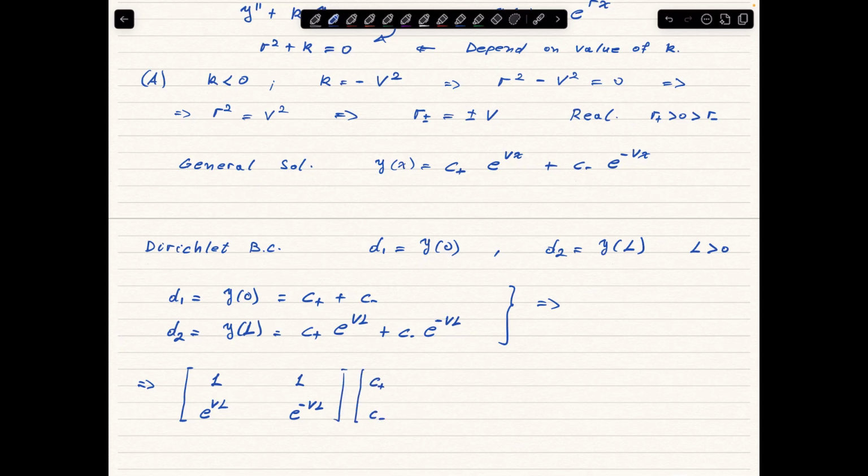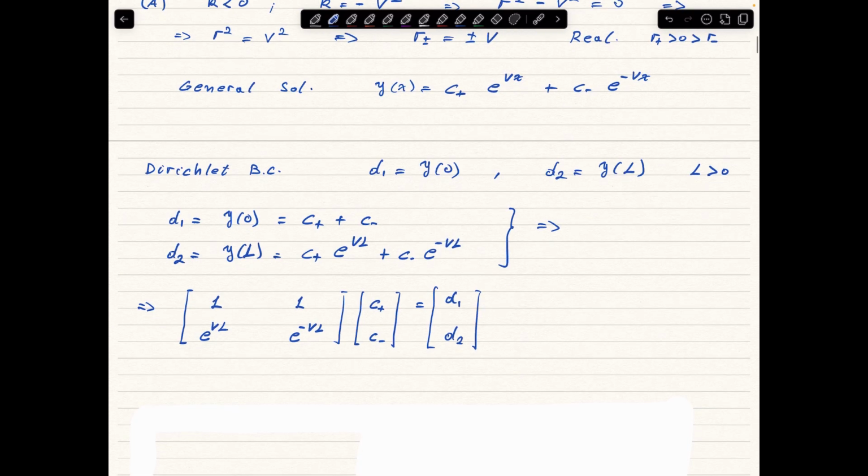I'm using what we have learned from linear algebra to solve this problem, equals d1, d2. So you see we have something of the form a matrix A acting on the vector that we are looking for, the coefficients vector C, equal to the vector D.